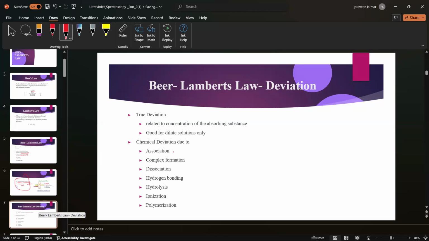Chemical deviation can occur due to association, complex formation, dissociation, hydrogen bonding, hydrolysis, ionization, polymerization. These can cause deviation in the UV. Due to hydrogen bonding, there can be a decrease in the wavelength of the absorbance.